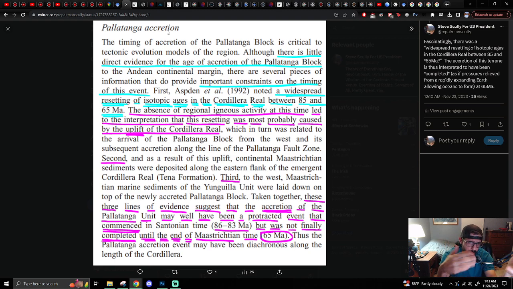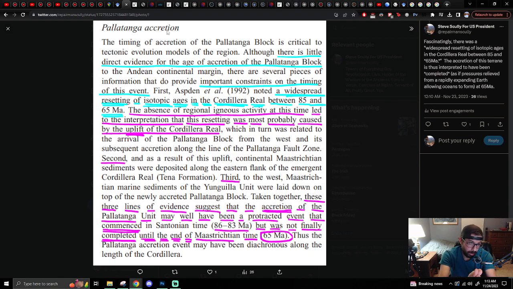And then I slowly come to this realization that the Palatanga block is a direct emission from the secondary mantle puncture hole, as is the Caribbean Large Igneous Province. At which point I come to realize the Palatanga block and this region, a widespread region, a resetting of isotopic ages.